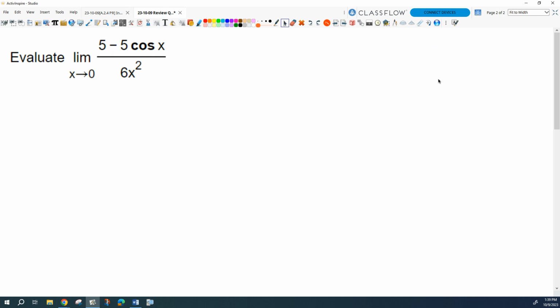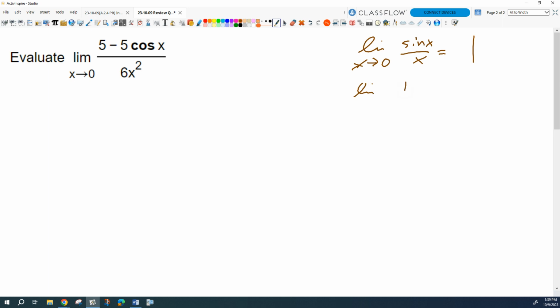So we technically have 2 special limits. We know that the limit, do you guys remember this? We know that the limit of sine x over x as x approaches 0 is what? 1. And we have one other one that we never use.